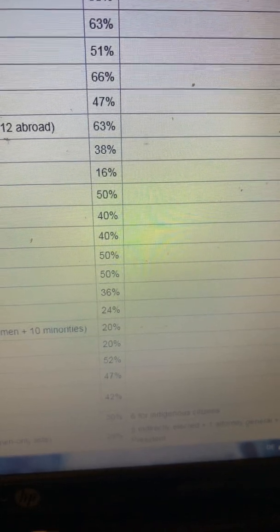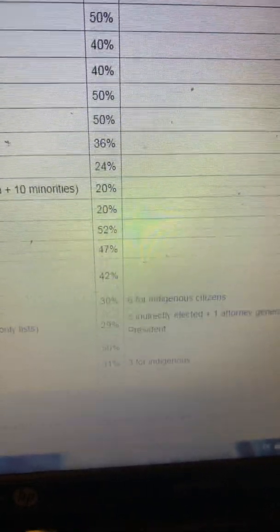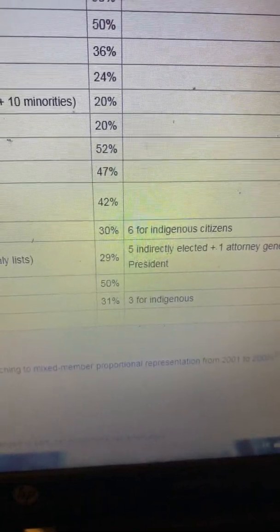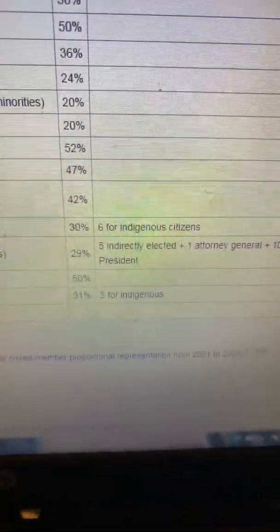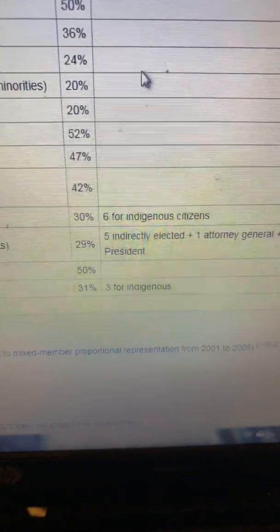Let's take Taiwan as an example. Legislative Yuan.